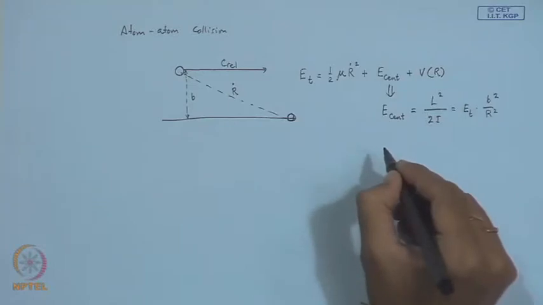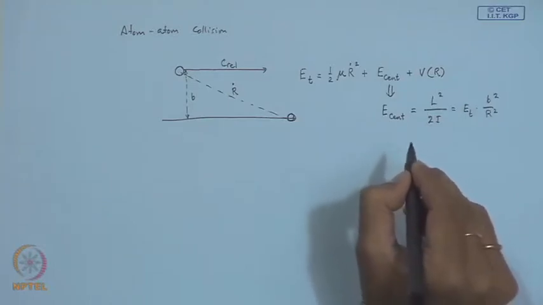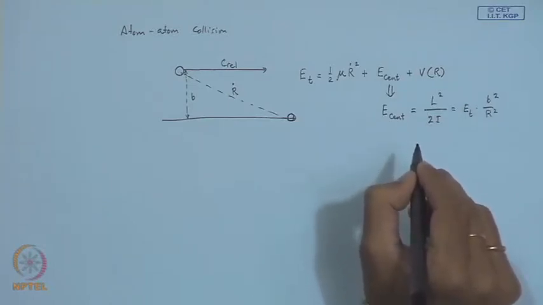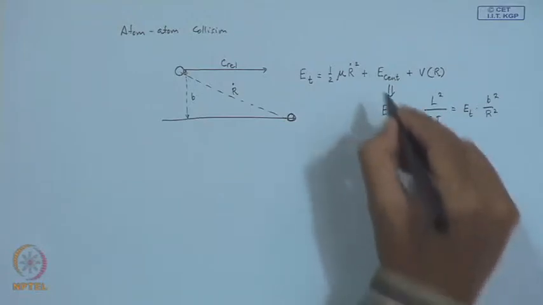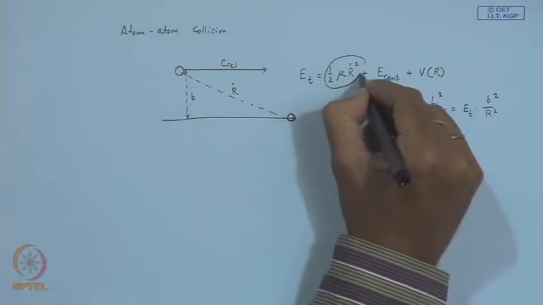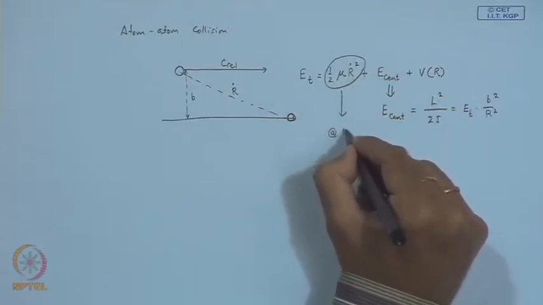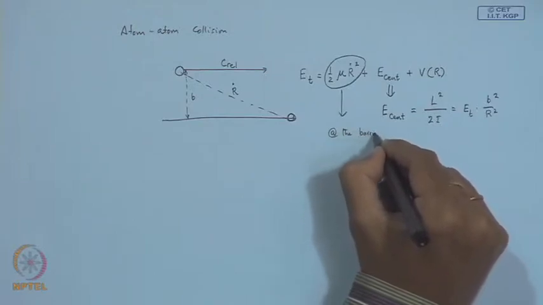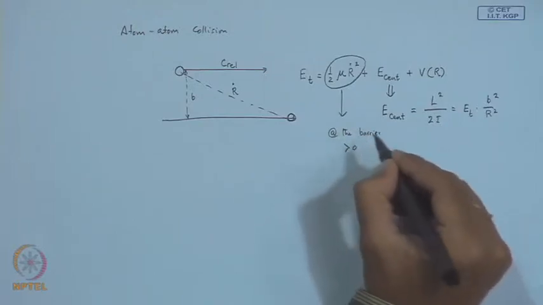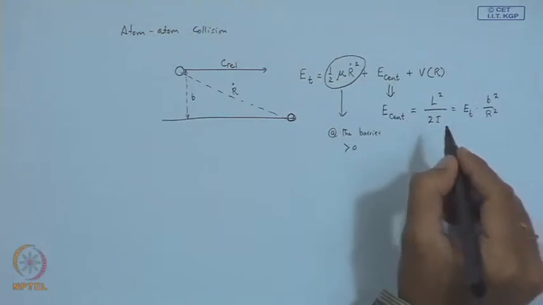Now, the reaction can occur if your radial kinetic energy at the barrier is greater than 0. So, if it is greater than 0, then reaction can occur.